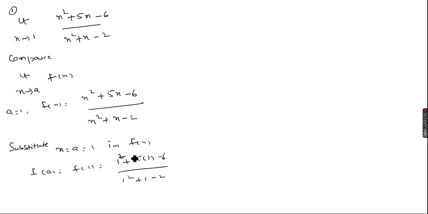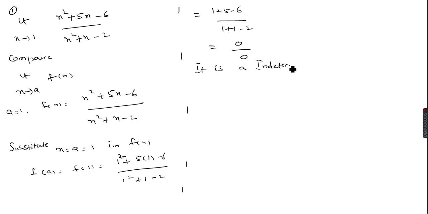So therefore we get 1 plus 5 minus 6 by 1 plus 1 minus 2. What is the form? The form is 0 by 0. So 0 by 0 is an indeterminate form.